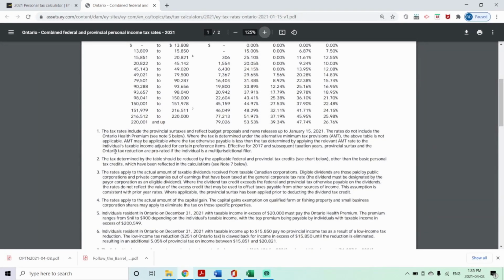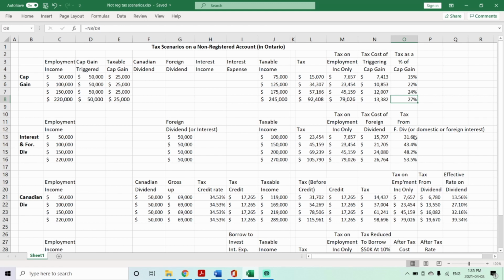Top bracket is $220,000 and up, taxed at 53.53. So any income above $220,000 is taxed at 53.53. I paid 27% on that capital gain. If it was employment income, that would have been 53.53. Capital gains receive preferential tax treatment. Here's how it works. You trigger the capital gain, half of the capital gain gets added to income, then you just work out the tax there.